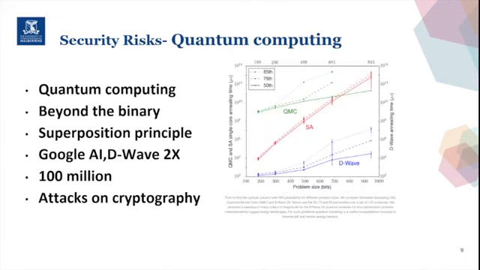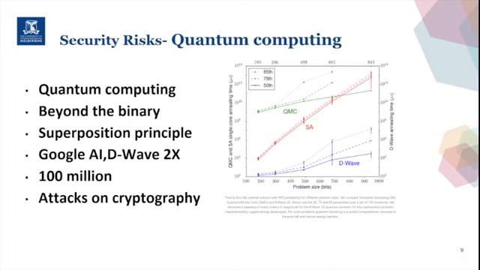However, things have changed with the development of quantum computing. In a quantum computer, a special unit of calculation is called the qubit. Through the superposition principle, it lets the computer go beyond the limitation of binary.